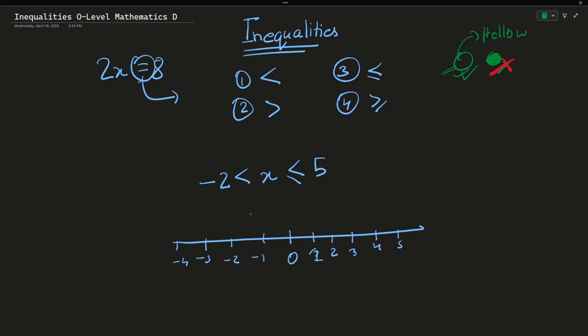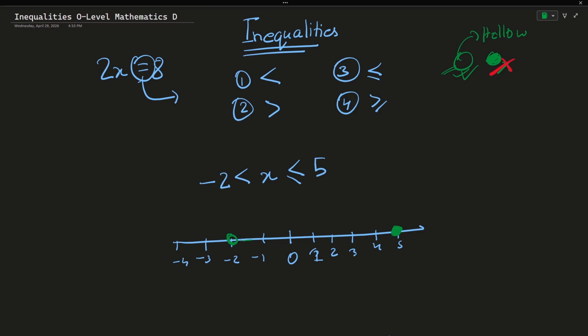So to solve this, let us first of all mark our points on the number line. The first point is minus 2. For that we will put a hollow circle on minus 2, and then it tells us that x is less than or equal to 5, so I will put a dot on 5 and make sure that the dot is filled.